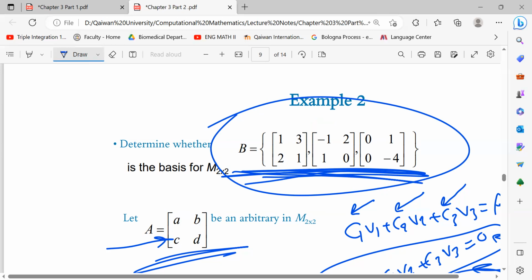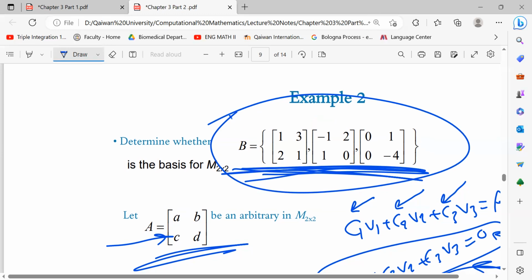That means it doesn't satisfy one of the conditions, so it's not a basis. If it is a basis, it must satisfy both conditions. It must span M22, and also these three matrices must be linearly independent. But here, the first condition is not satisfied.